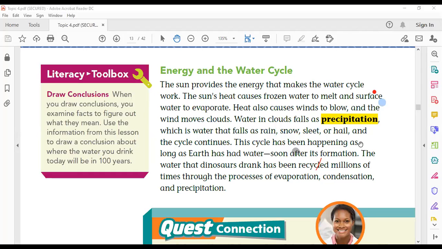This cycle has been happening as long as earth has had water, soon after its formation. So millions of years ago, there was a water cycle. And millions of years later, there is a water cycle. The water that dinosaurs drank has been recycled millions of times through the processes of evaporation, condensation, and precipitation.